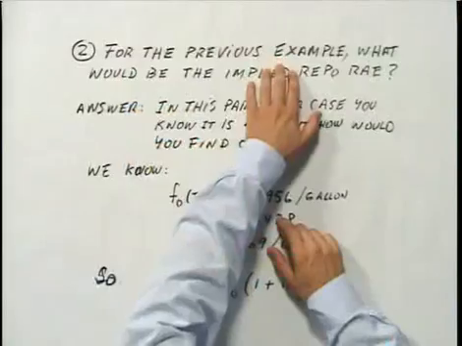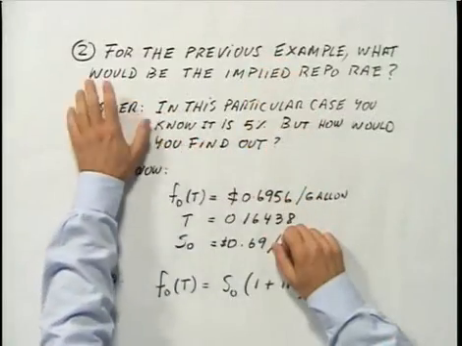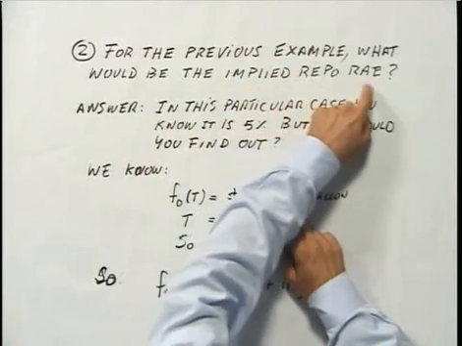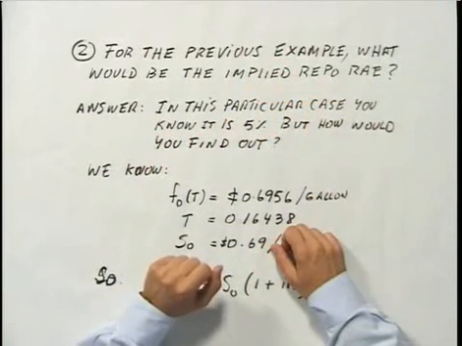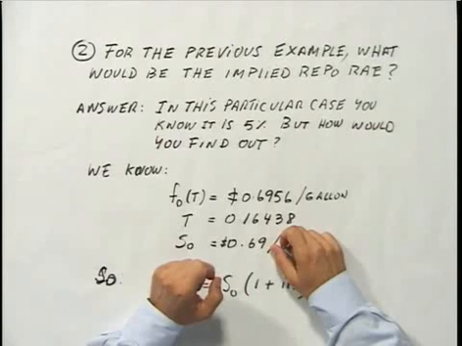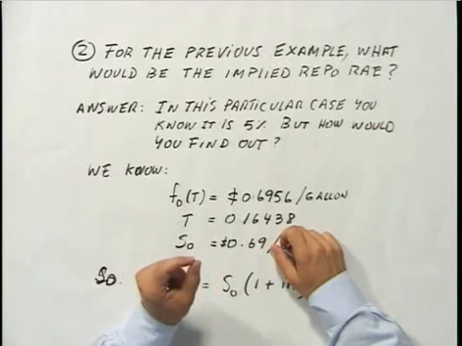Let's now change the problem slightly, and for this previous example, I'd like to ask you what the implied repo rate would be. Remember that the implied repo rate is simply the percentage cost to carry implied by the futures price.